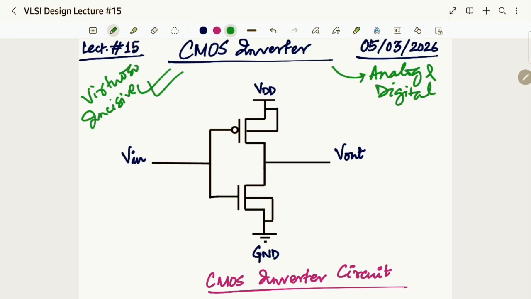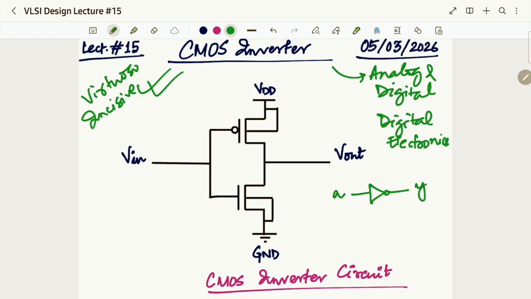And I'm sure if you are learning VLSI, that means you are in either 5th sem or 6th sem, and that means you have already completed the subject digital electronics, and you are well accustomed with the symbol of our inverter. What was it that we were giving?